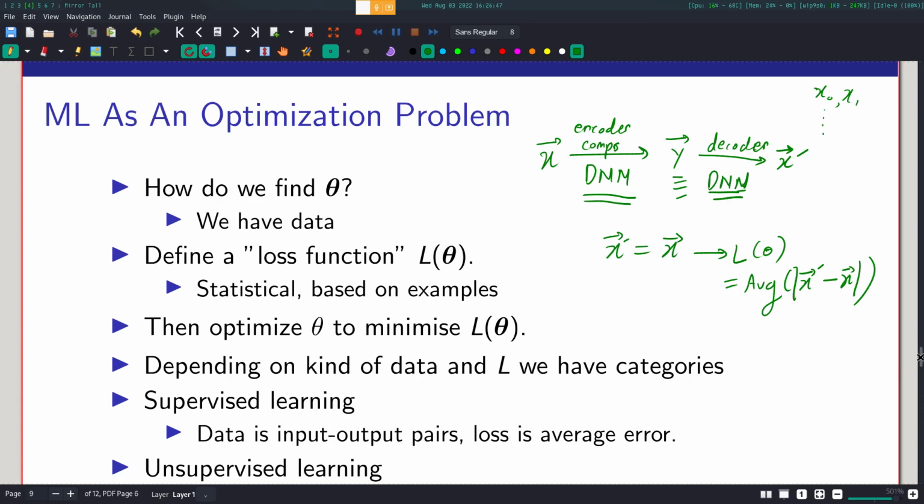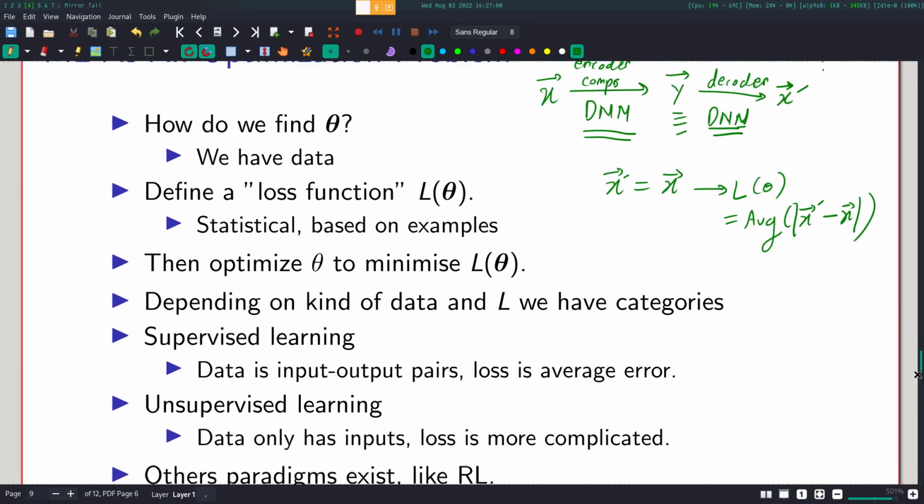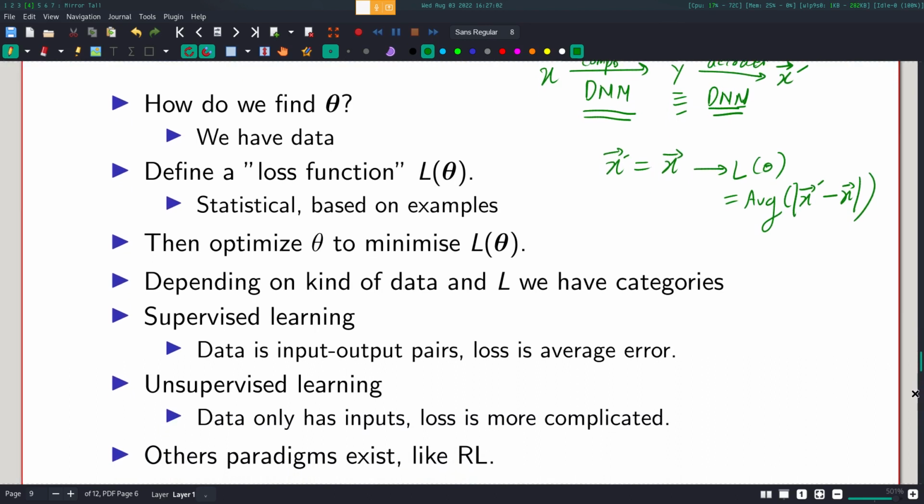Clustering is an example of an unsupervised problem, for instance, and there again you have to use other measures of whether things are suitably clustered or not. There are a lot of things there which I'll not go into. And then there are other paradigms like reinforcement learning, which I'm going to name drop and leave at that, because we decided that we're not going to go into that in this course.